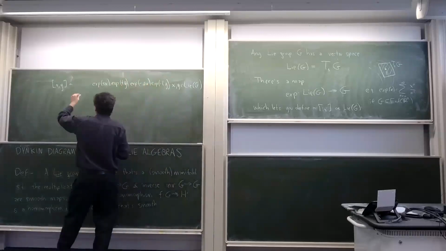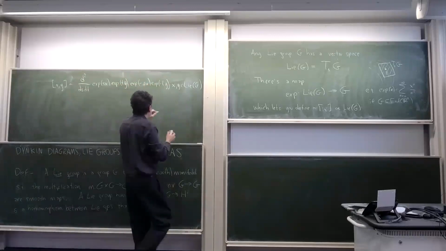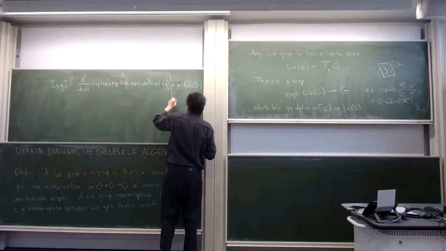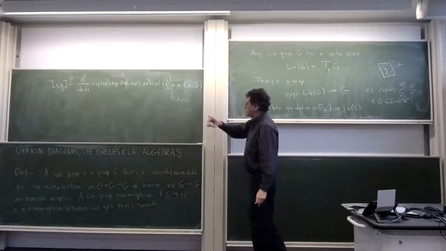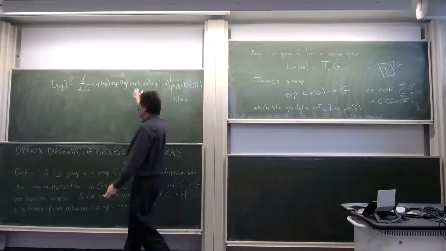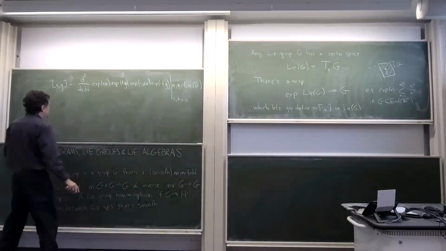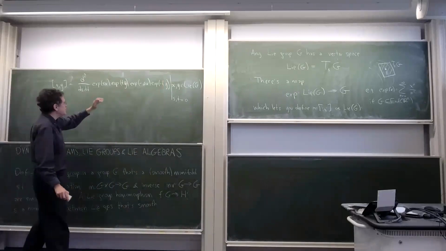And then I can differentiate this with respect to the two real parameters S and T, and then set S and T equal to 0. It may not be obvious that this actually makes sense as an element of the Lie algebra, but it's true.